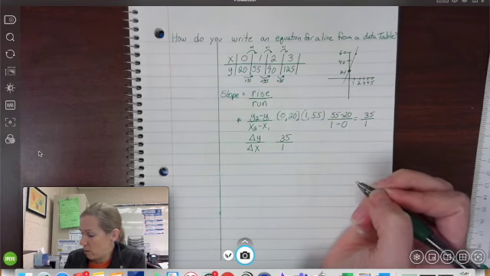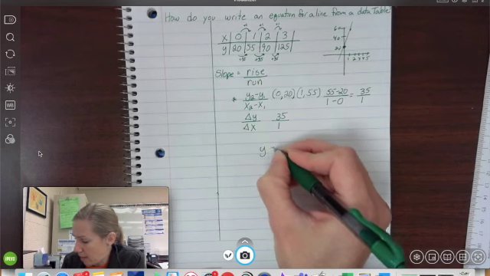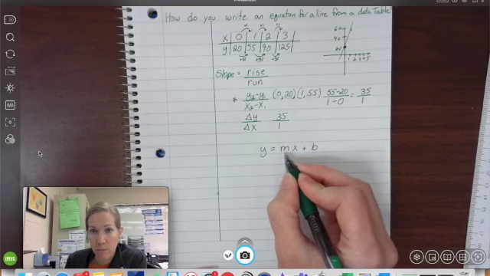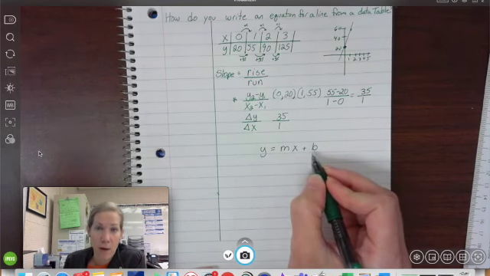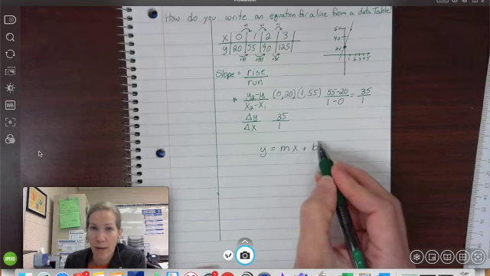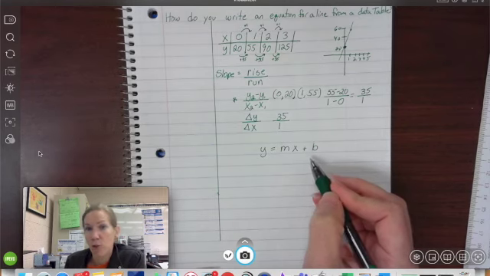Now remember, slope-intercept form is y equals mx plus b, where m is the slope, b is the y-intercept. So we know the slope, so now we need to look and find the y-intercept. Remember, the y-intercept is the y value when x equals 0. 2 ways we can do this.